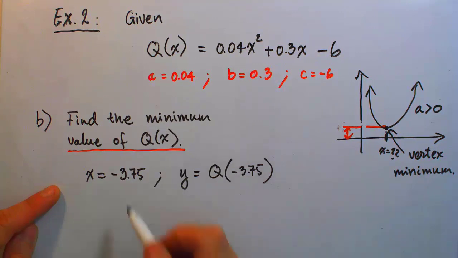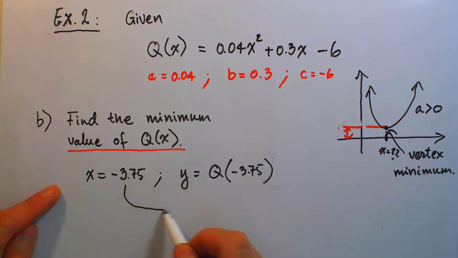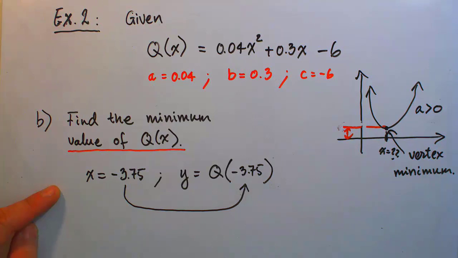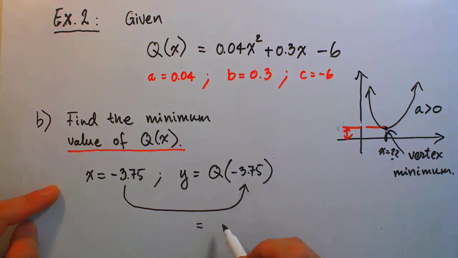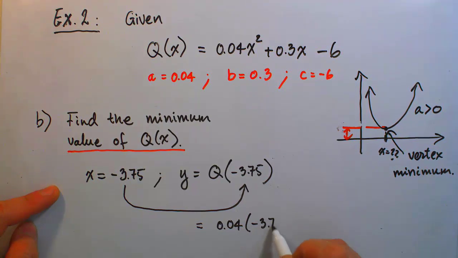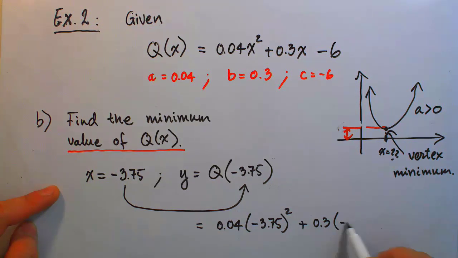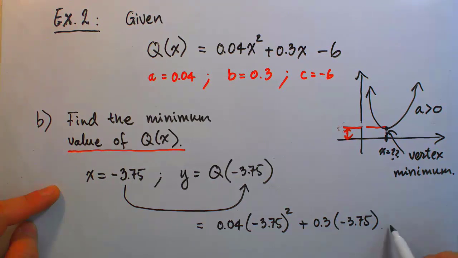Once you have found the x coordinate of your vertex, simply substitute that into your quadratic function, and it will give you either the maximum, or now in this case, the minimum value that we are looking for. So let me lay down one calculation step: positive 0.04 as the quadratic coefficient times negative 3.75 in parentheses squared, plus 0.3 times negative 3.75, minus 6.